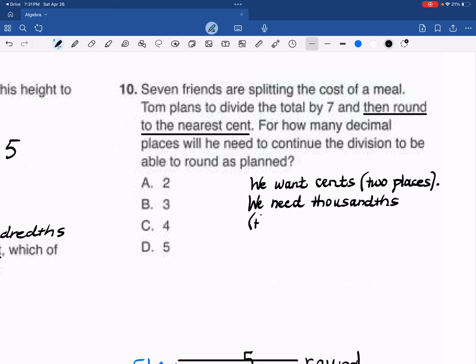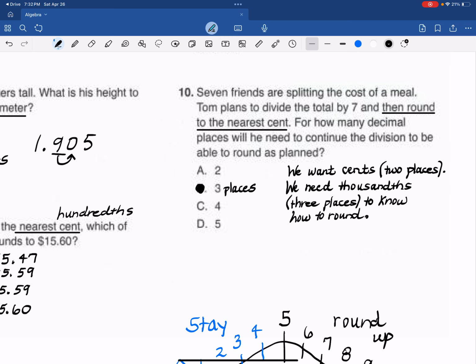That's 3 places to know how to round. So the answer to this question is B. We need 3 places because that would tell us whether to stay or round up in the 3rd place. So for example, if you had 2 places to round, you need to look at that 3rd place to know how to round. And that's what this question is asking.